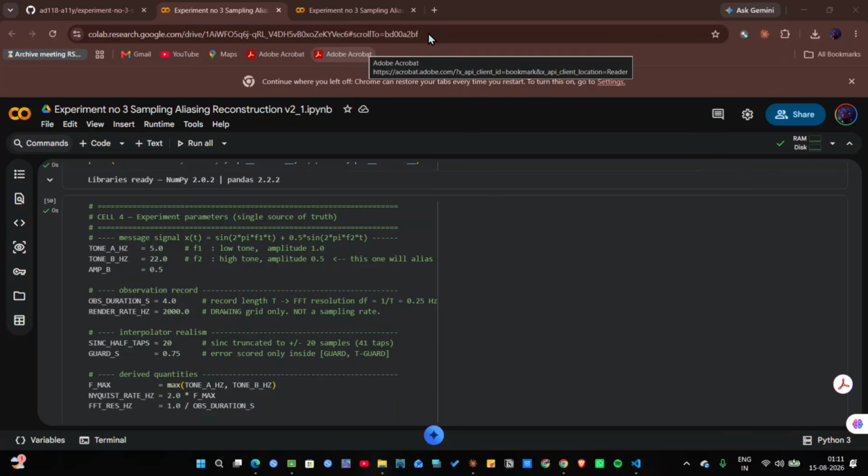The small error is due to our finite truncated sinc interpolator, as explored in cell 9.